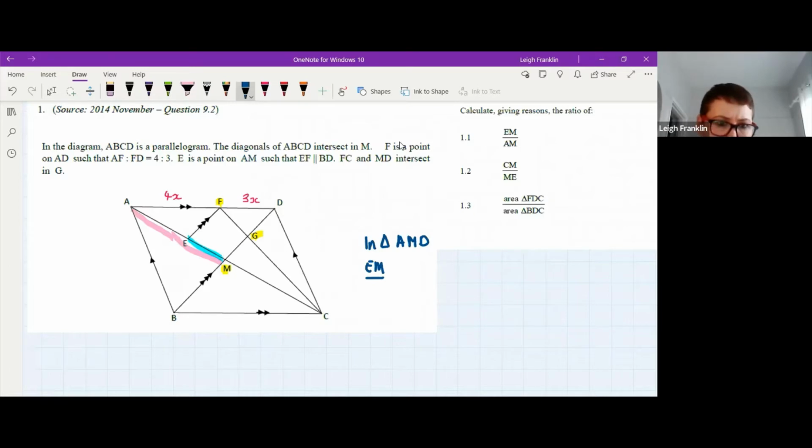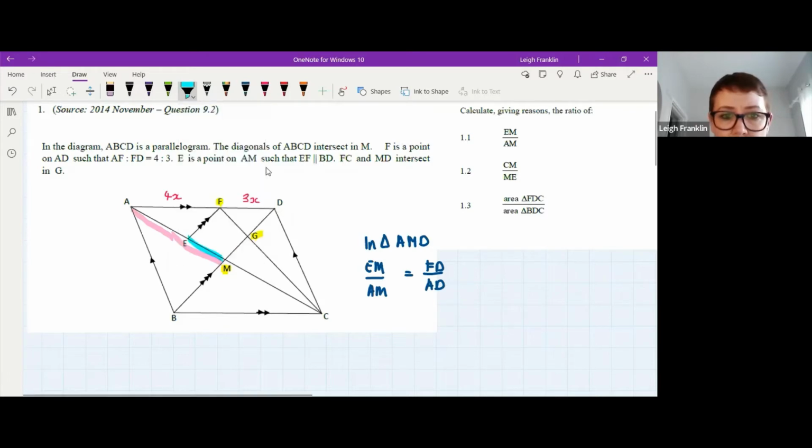FD over FA. Good. So EM over AM is going to be equal to FD over the whole side, which would be AD. Does that make sense? Yes, ma'am. Okay, all right. So you just named the wrong side there, but it's not the end of the world.